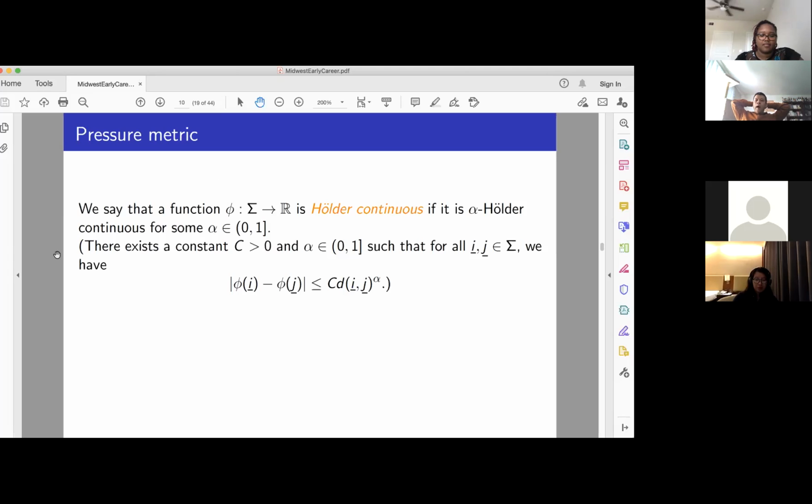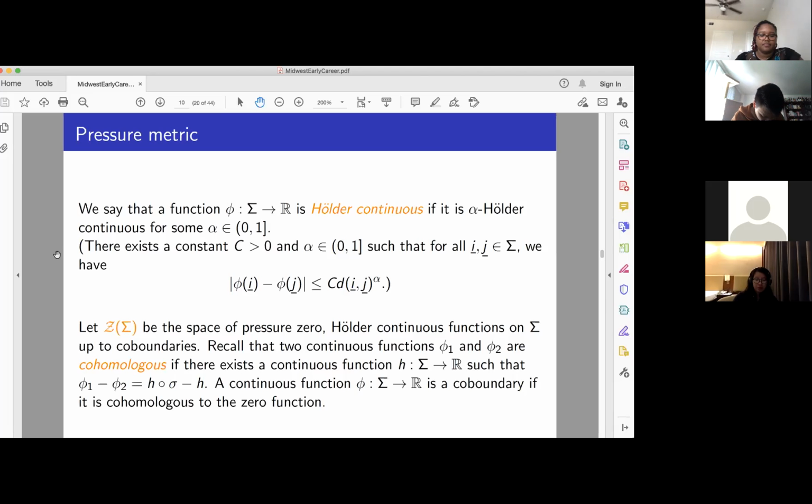That is to say, there exists a constant C and alpha between 0 and 1, such that for every two elements i and j in the subshift of finite type, we have that the distance between phi(i) and phi(j) is bounded by C times the distance between i and j raised to the power alpha. So this is basically the definition of Holder continuous. Right.